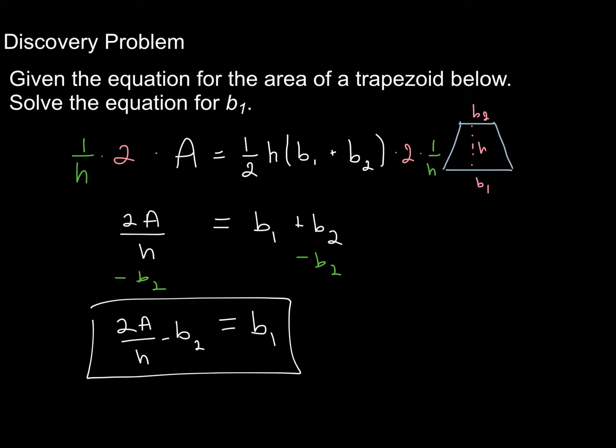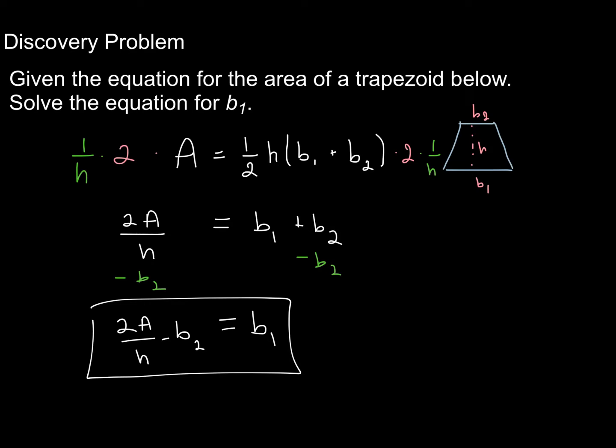And we want to take a second to think about why this might be helpful. There are times where the variable that I'm looking to solve for is not explicitly solved for already. And so I'll have to maneuver my equation so that I can actually solve for this variable. We've done this many times already with linear equations, with quadratic equations, and we're going to do this with rational equations as well.